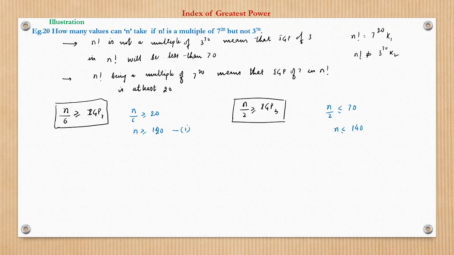So this is the broad range. Now we will actually check where the IGP falls. So we will check that in 120 factorial. In the previous question we have seen this. So basically we will check with 126 factorial, because for 120 we know IGP of 7 is 19. In 126 factorial, IGP of 7 is nothing but 18 plus 2, which is 20, which is a possible case.